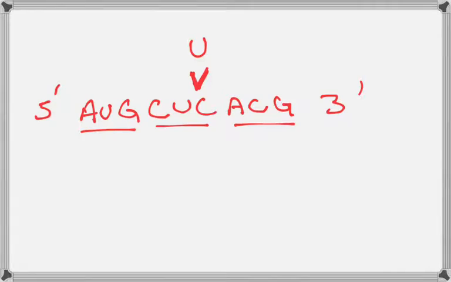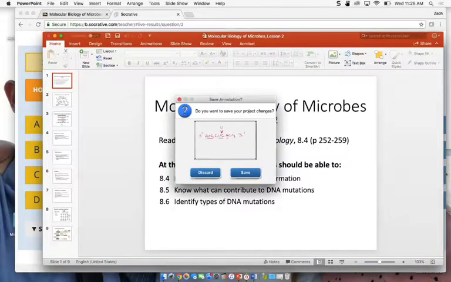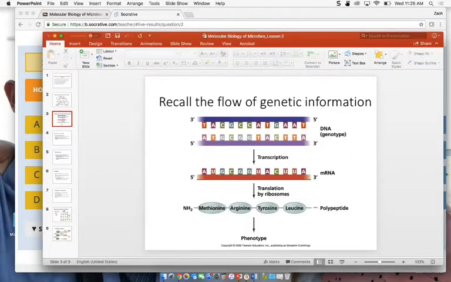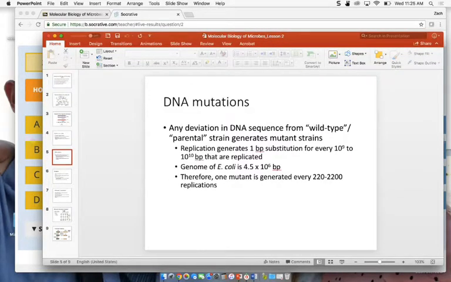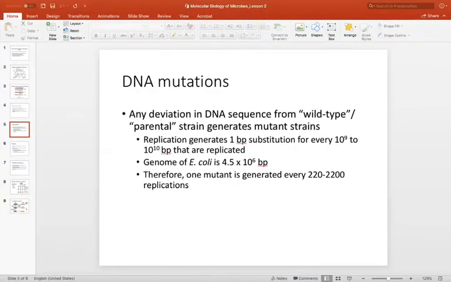Just to go over the statistics of it real quick. So statistics on DNA polymerase. It makes a mistake 1 out of every 10 to the 9th or 10 to the 10th base pairs that it replicates.